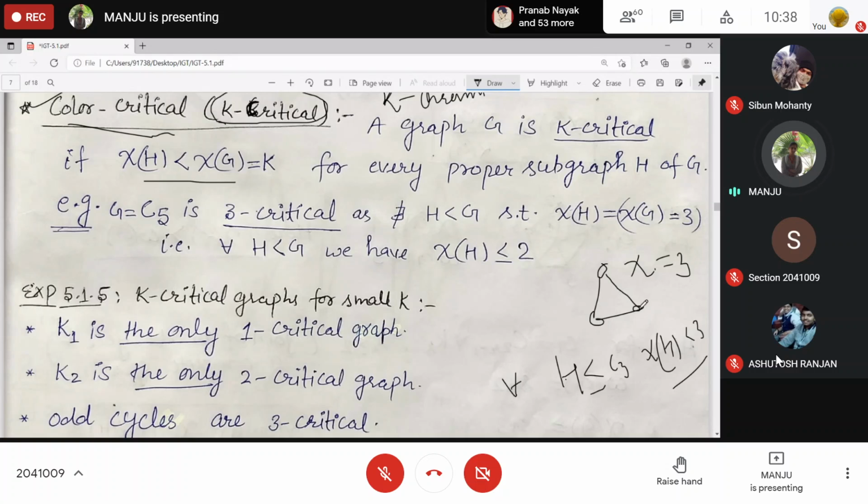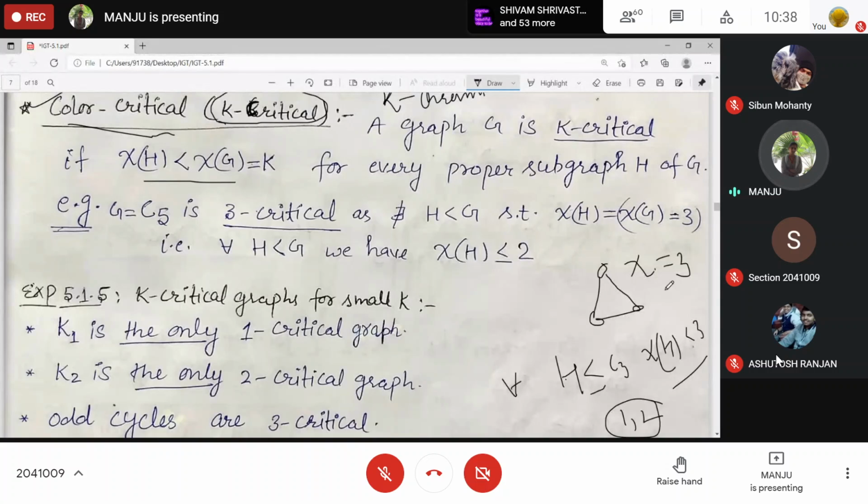Either it is 1 when you have only vertices, or it is 2 in case of K2, P3. The chromatic number is either 1 or 2, not equal to 3.